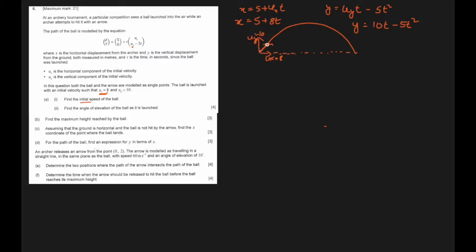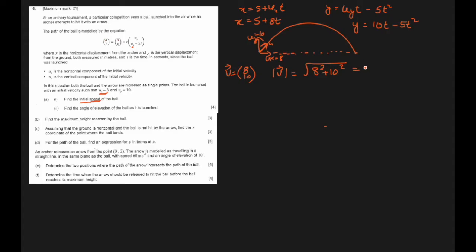They're asking what is this u, and for this u we will find the resultant of this vector, which is 8, 10. 8 in x direction, 10 in y direction. This is the speed, we can say velocity vector, and we'll find its magnitude because they're saying speed, not velocity, which will be square root 8 squared plus 10 squared.